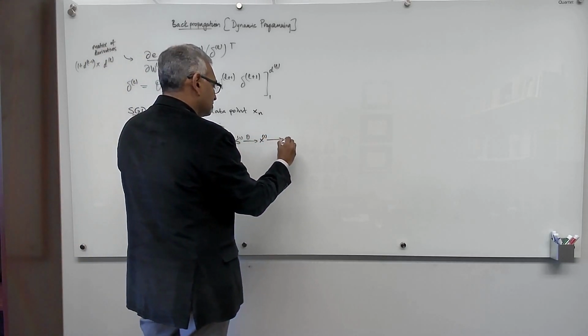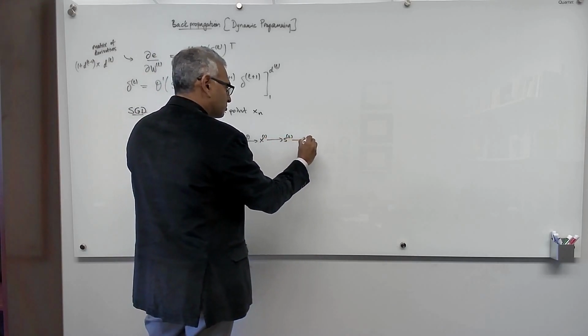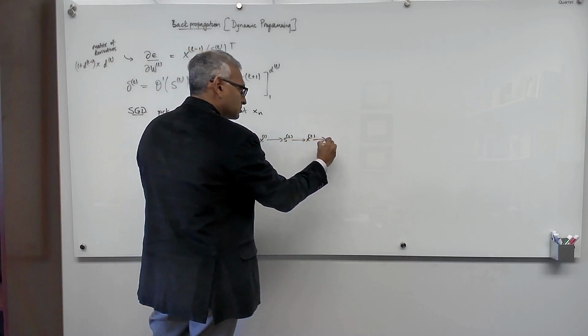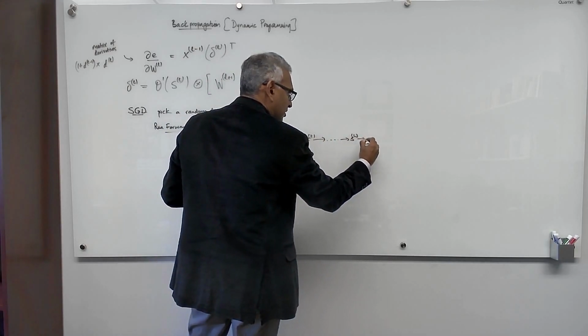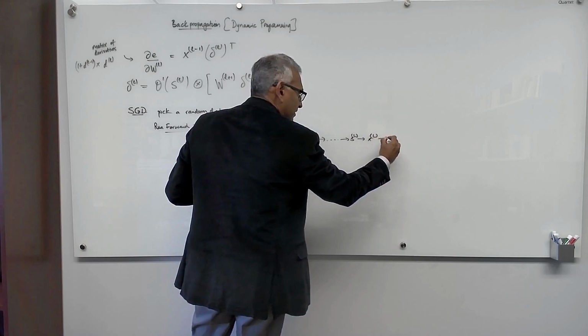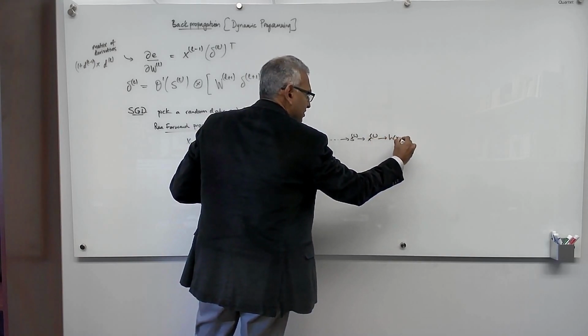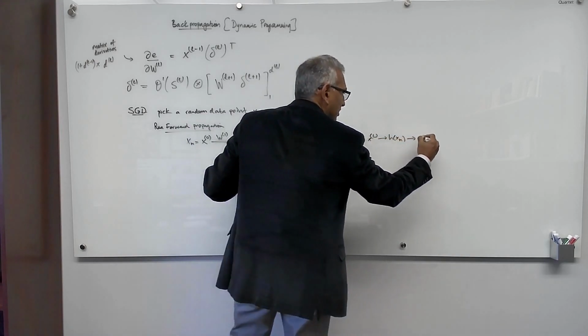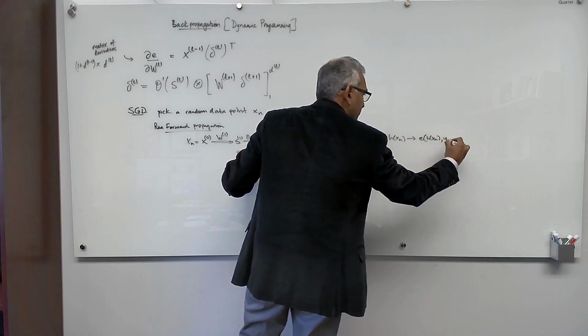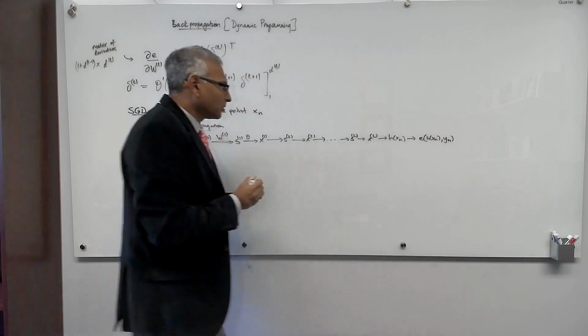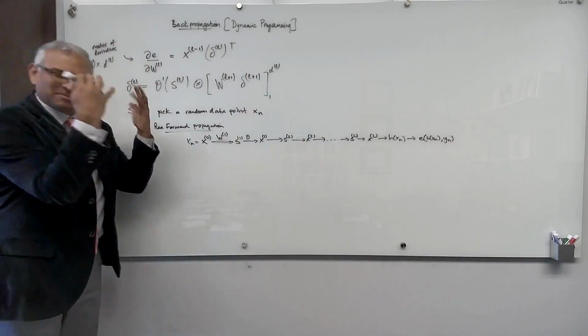Then you continue, you compute S2, and then the output X2, and so on, until you get to SL, and then the output XL, which is H of Xn, and then you can compute E of H of Xn and Yn. That's reasonably straightforward.